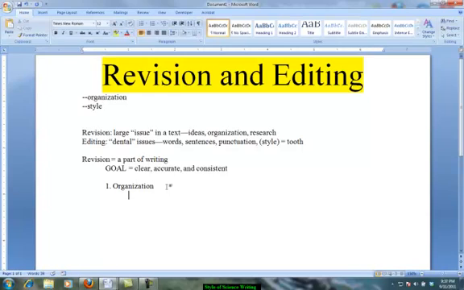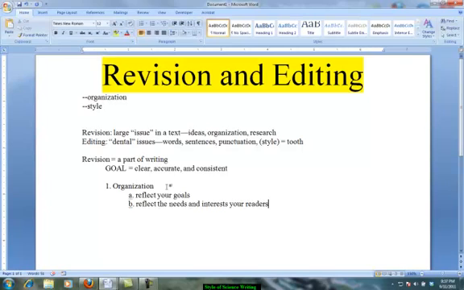Your organization needs to reflect your goals, and it also needs to reflect the needs and interests of your readers.